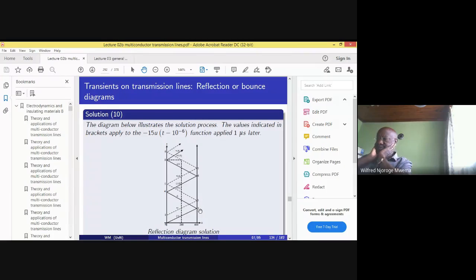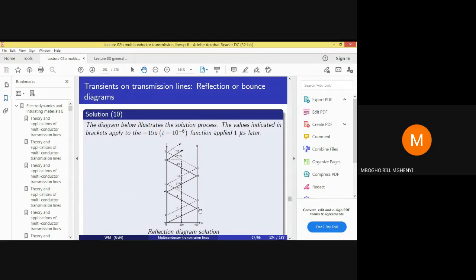So this is an equivalent representation of that rectangular pulse. So it really doesn't matter, because after delta t, they all cancel to zero. Okay. Yeah.